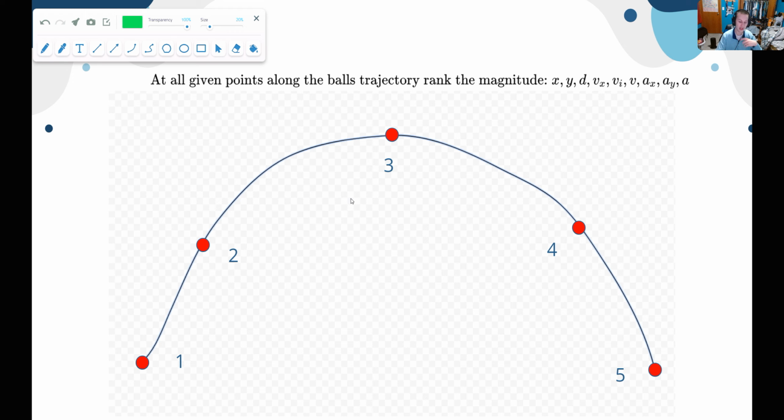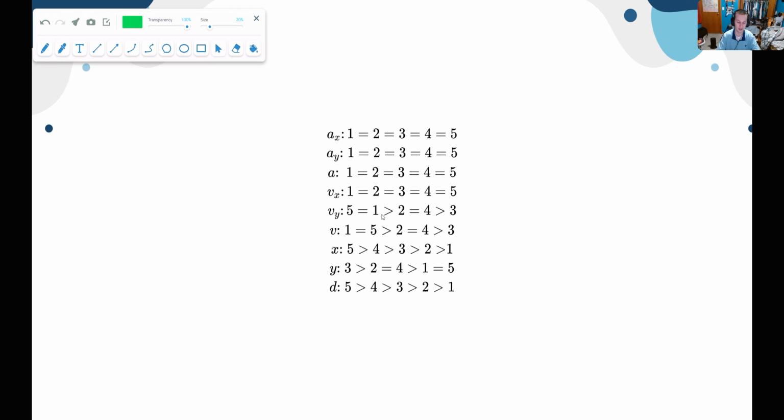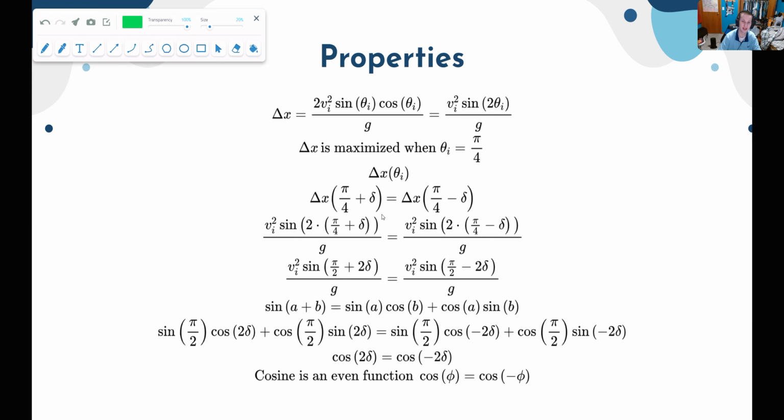One other thing before we go, though, is I want to go back to this here, where I said if you have the same delta, and you go up a little bit in angle and you go down a little bit in angle, and those differences are the same, you're going to go the same distance. The range is going to be the same. Some people get this a little bit mixed up.